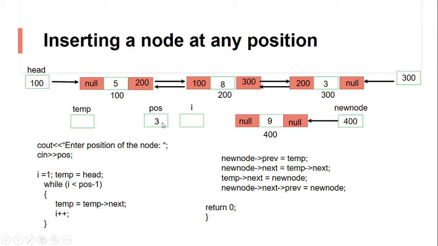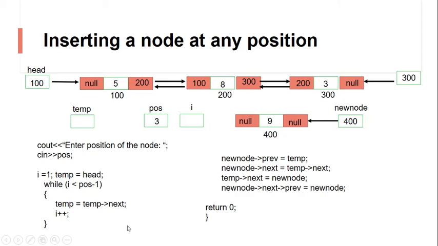Okay, so from the code here we have position - 1. What I have entered is 3, so I will accumulate I while pos - 1, which is 3 minus 1, so that is 2. I started from 1, so 1, 2.